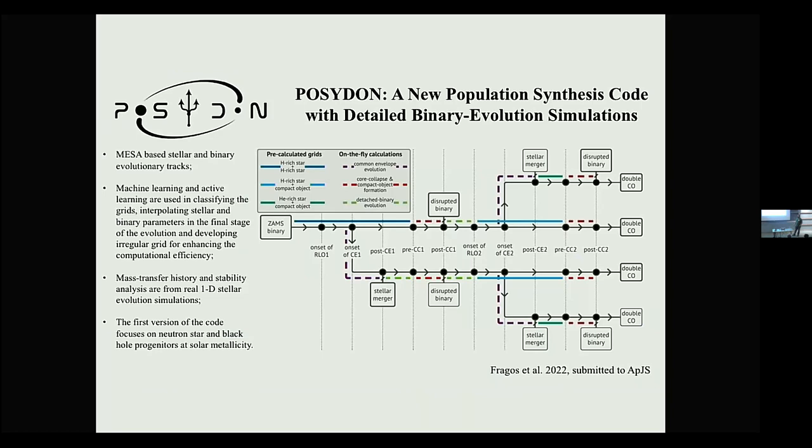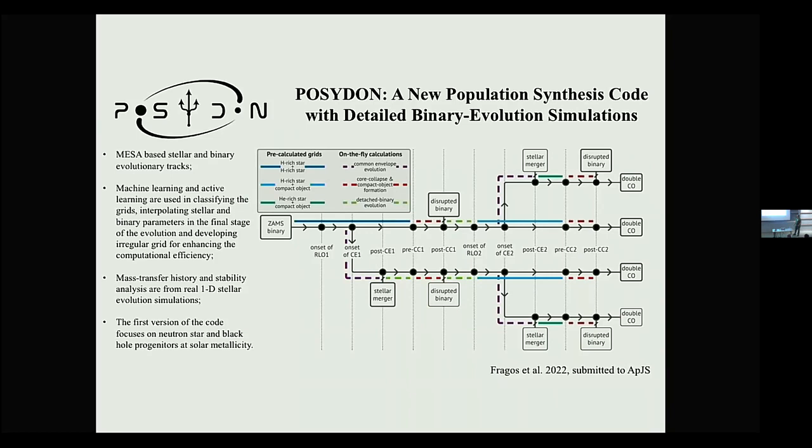Active learning is also used because we build the binary evolution grid and then do interpolation among the big grid. For example, we have three binary evolution grids. One is double hydrogen-rich main sequence stars simultaneously, and the other grids are a hydrogen-rich main sequence star and a compact object, or a helium-rich main sequence star plus a compact object.